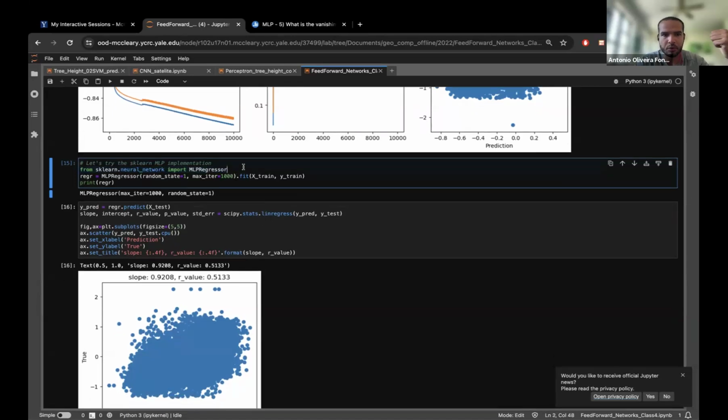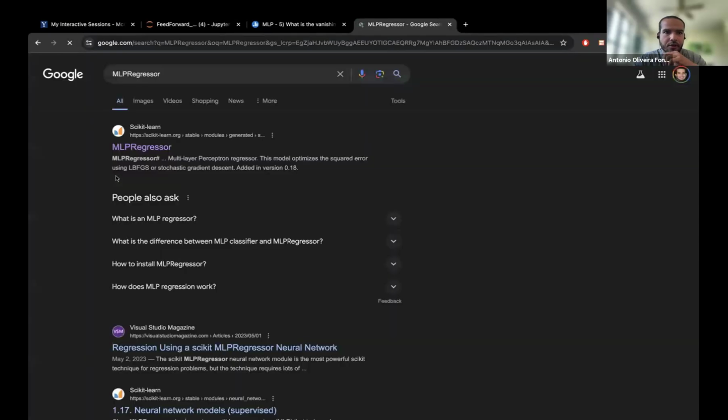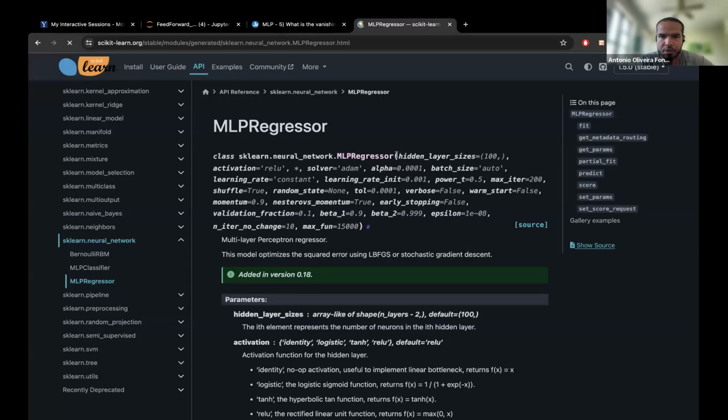So for example, if you're doing regression, we can use sklearn for that. The MLPRegressor, let's take a quick look at its definition. The things you have control over include hidden layer sizes. In terms of input, there is no need to set it because that's going to be proportional to the number of features you have in the inputs you're feeding.